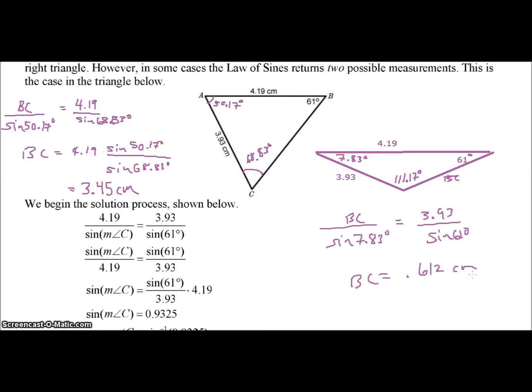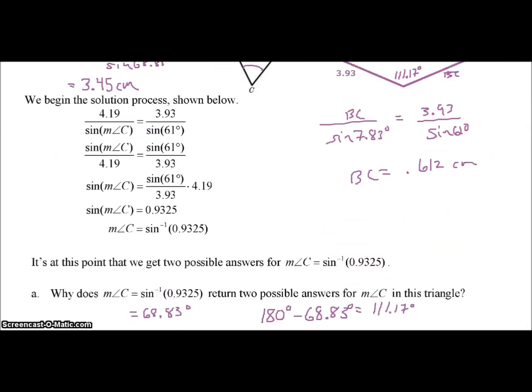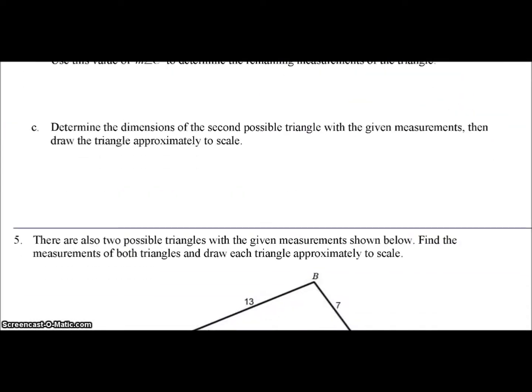So this isn't drawn to scale exactly. This angle should be very small, and then this side should be much smaller, so we really have something like this. That's pretty horrible. Draw the triangle approximately to scale.